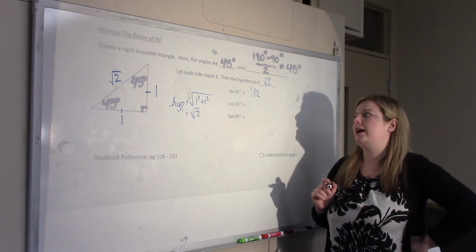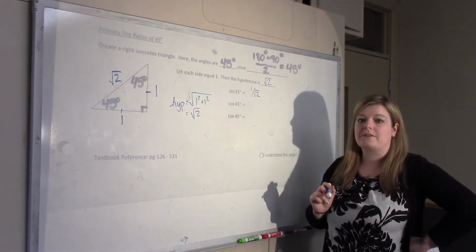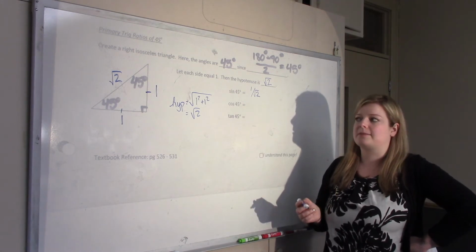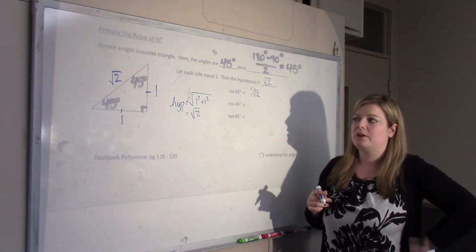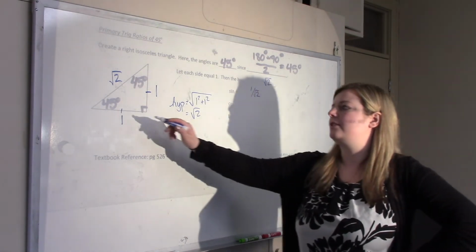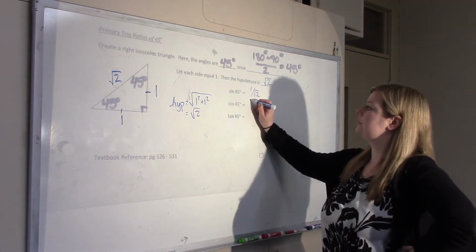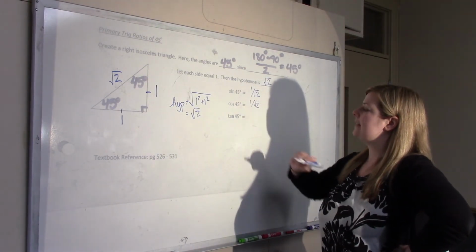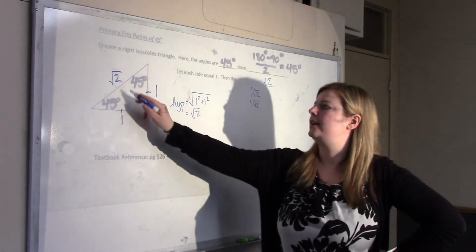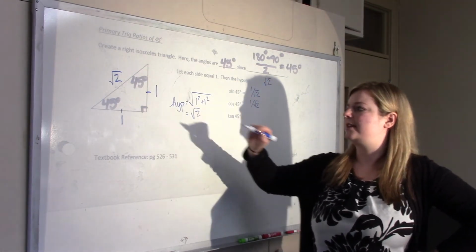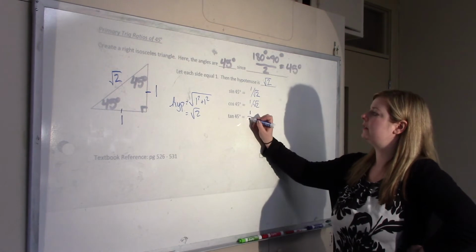But 1 over root 2 is obviously a lot nicer than that gross decimal. It's an exact value. The cos of 45 degrees is also 1 over root 2. And then the tan of 45 degrees is opposite over adjacent, so that's just 1 over 1, which is just 1.